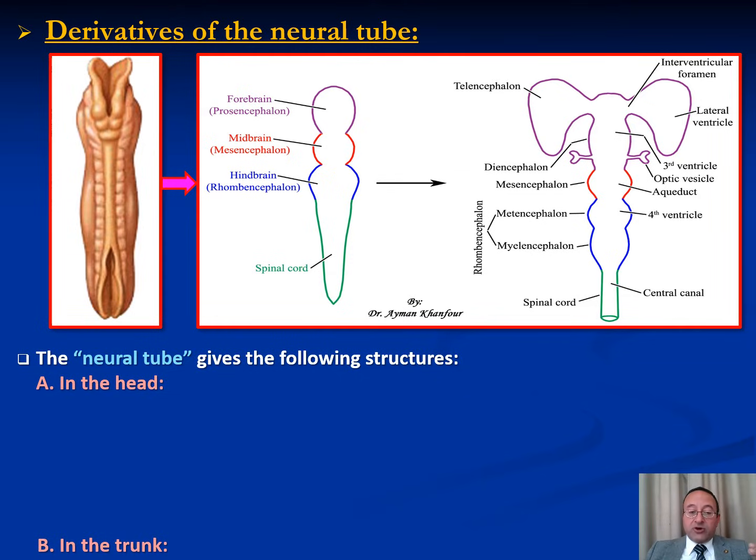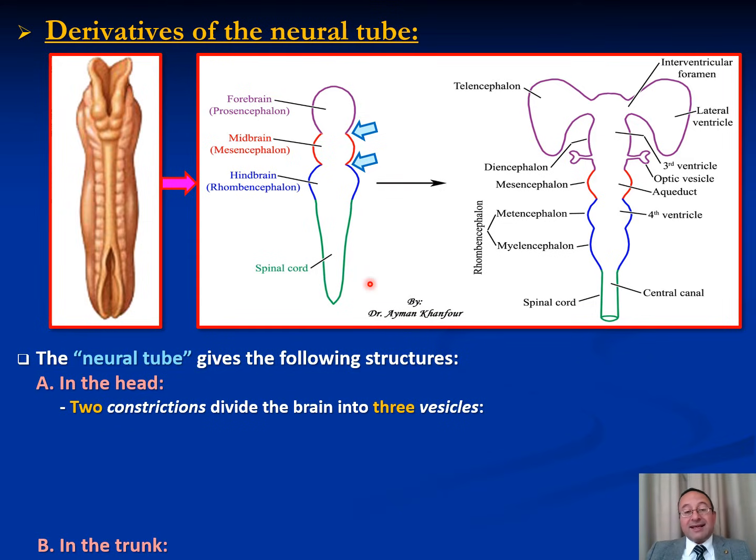Part of the neural tube lies in the head region, and the other part lies in the trunk. Concerning the head region, 2 constrictions occur in the neural tube in the head region. They divide the neural tube in the head region into 3 parts, indicated by those 3 colors. I did it by specific colors.